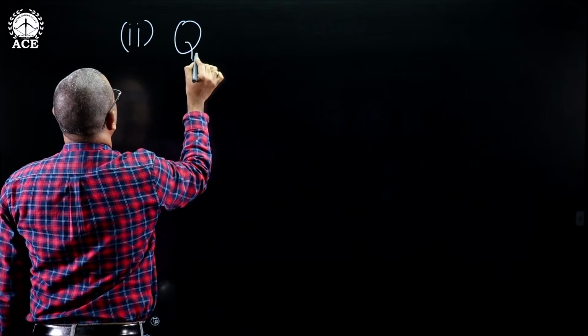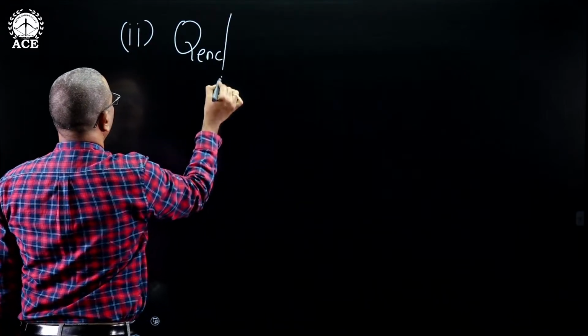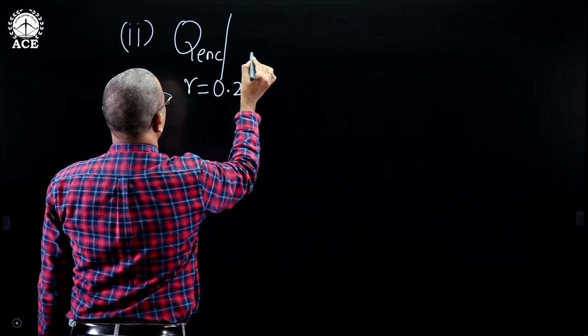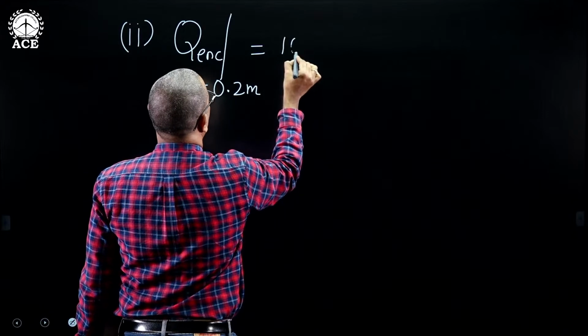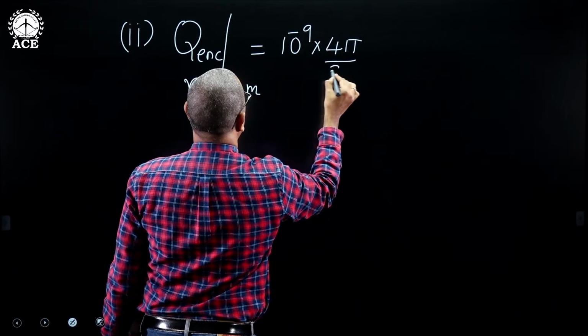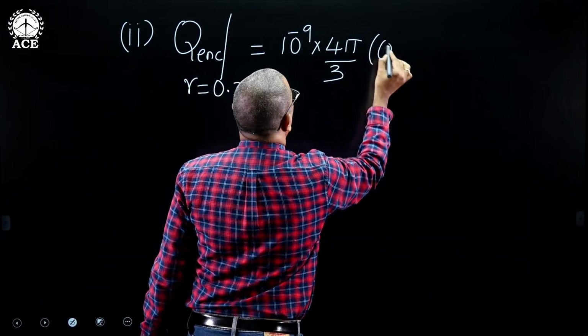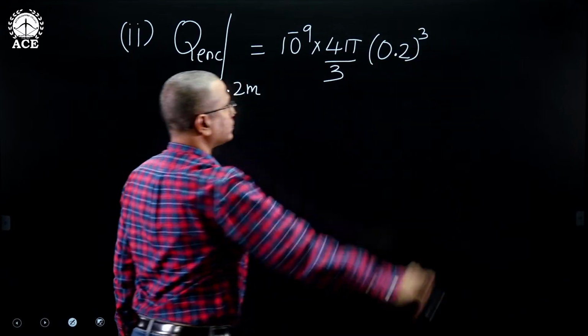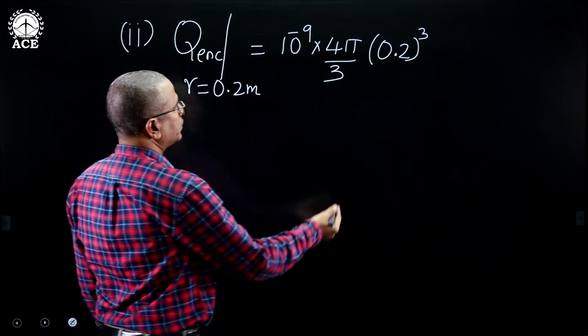The second one: total charge enclosed within a sphere of radius r equal to 0.2 meters is equal to 10 to the power of minus 9 × 4 pi/3 × r cube. What is r? 0.2 whole cube. Radius is 0.2. Now you calculate using your calculator.